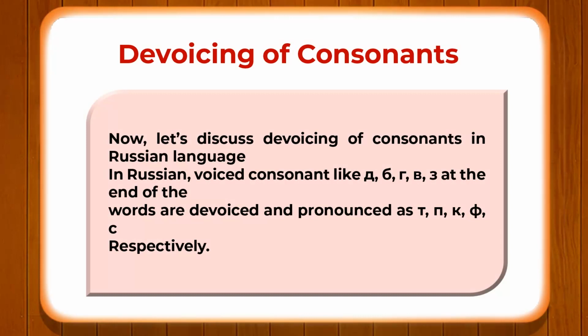Whereas the devoiced consonants are pronounced as te, pe, ke, f and s. So, when ending, de would sound like te, be would sound like pe, ge would sound like ke, ve would sound like f, and z would sound like s.